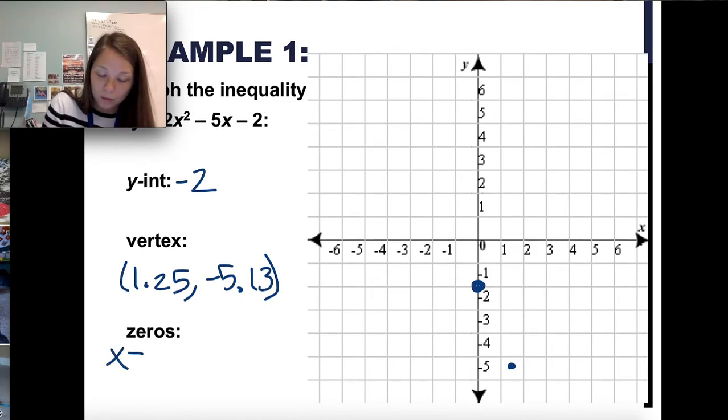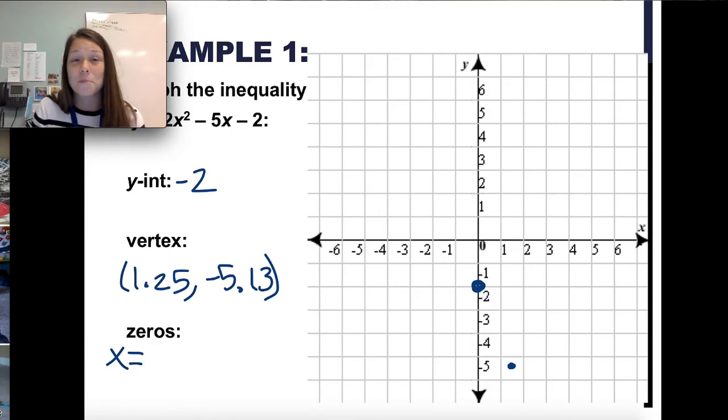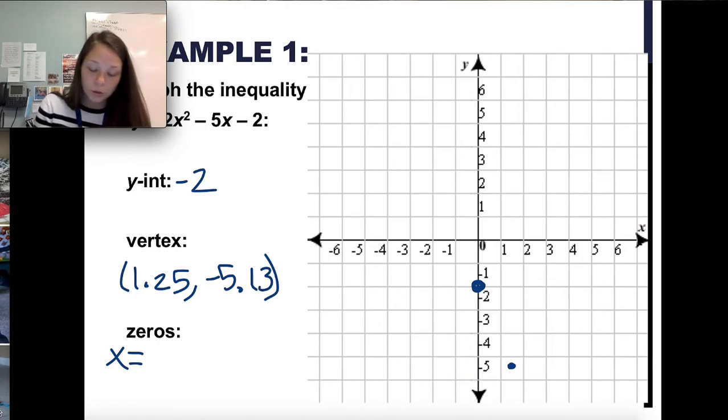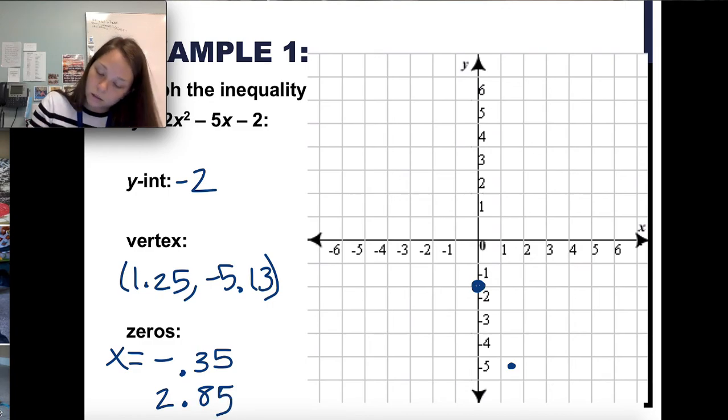You could do that by using the quadratic formula, like we did in the beginning, but then you would want to round that to decimal so we could actually graph it. So the zeros here would be negative 0.35 and 2.85. So at about negative 0.35 and 2.85.